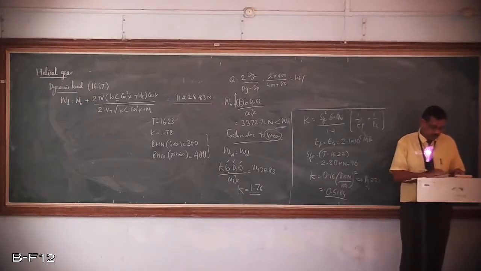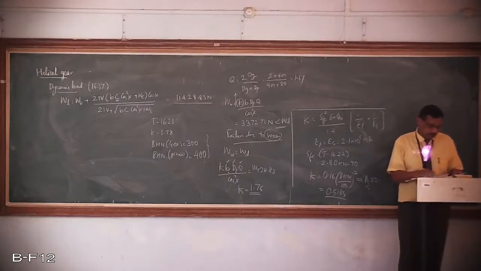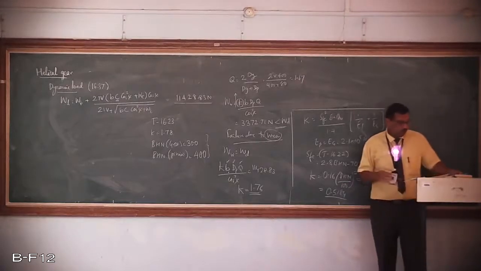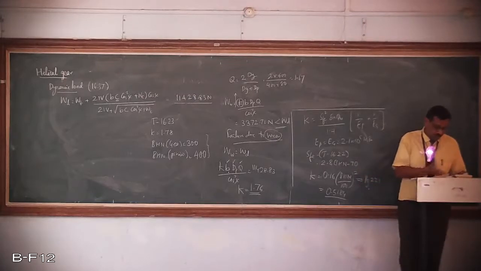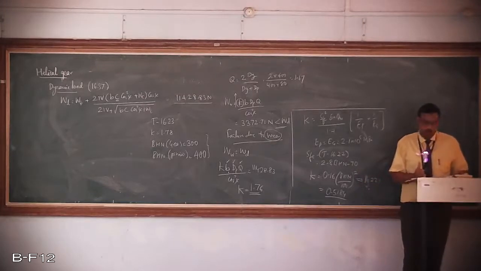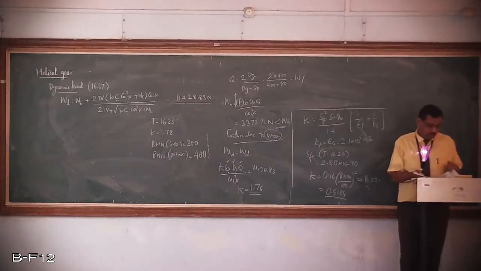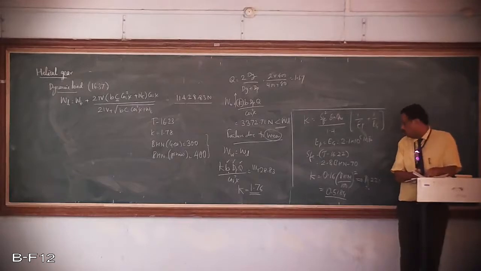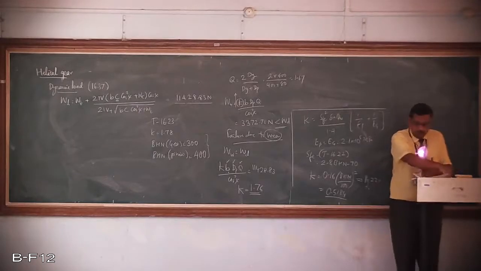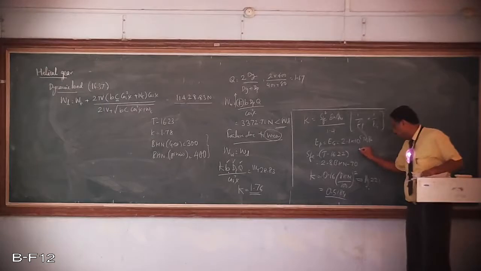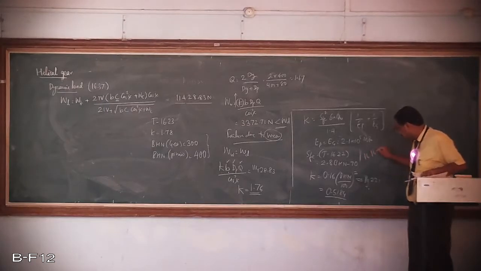Next, check for the wear load. For that, we have to find out the value of K, the load stress factor. How to calculate the load stress factor? One is using table 16.23. Second is using the equation with SFE, the surface endurance, that is equation 16.16a.